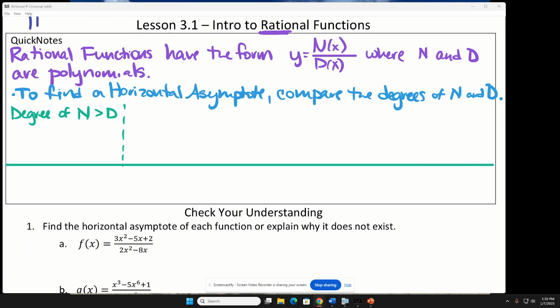All right, what else could happen when we compare these? All right, the numerator could be less than the denominator. All right, and then what's the last thing that could happen? That could be equal, good.